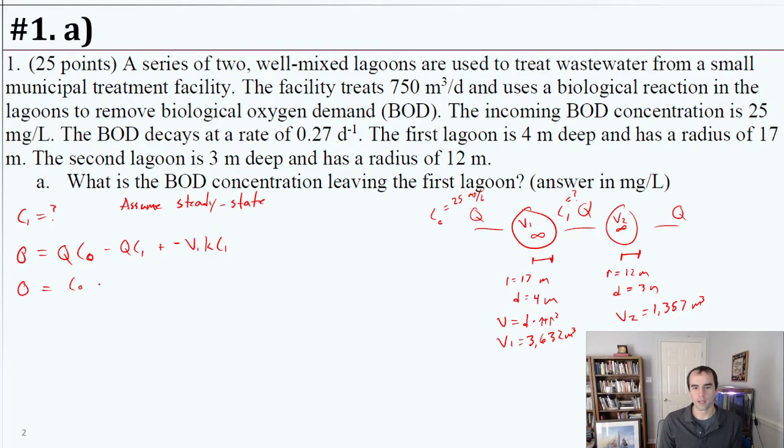I'm going to go ahead and divide everything by Q. So it'll be theta 1 K C1. And then we can solve for C1. I'll go ahead and move both of those terms over to the other side and then factor out that C1.